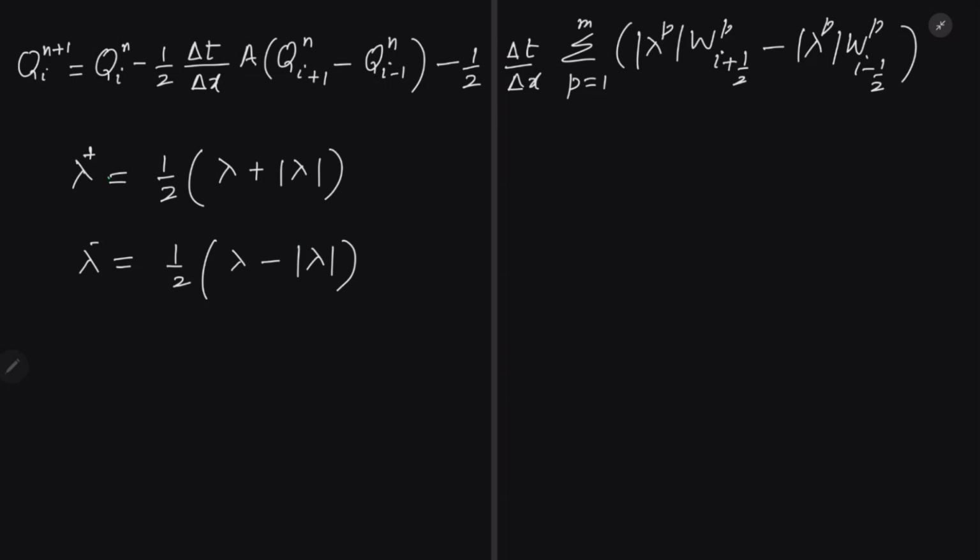That's it. So this is all about Roe's method. W is the waveform that you can replace with alpha and also the eigenvector R. Alpha shows the strength of the speed of the wave, and R shows the direction of the wave. Thank you for watching.